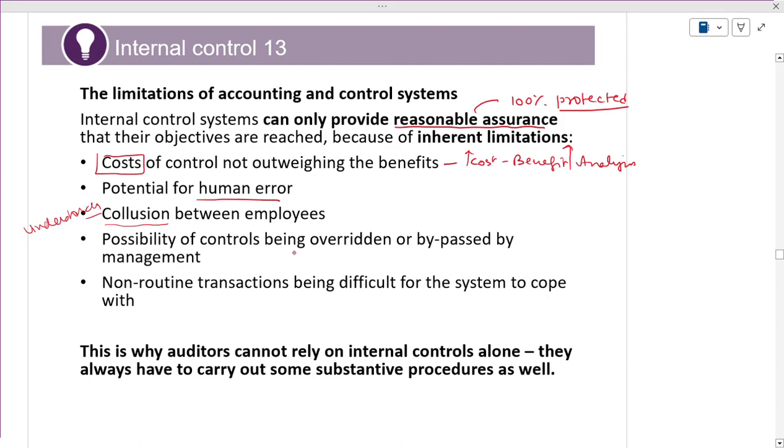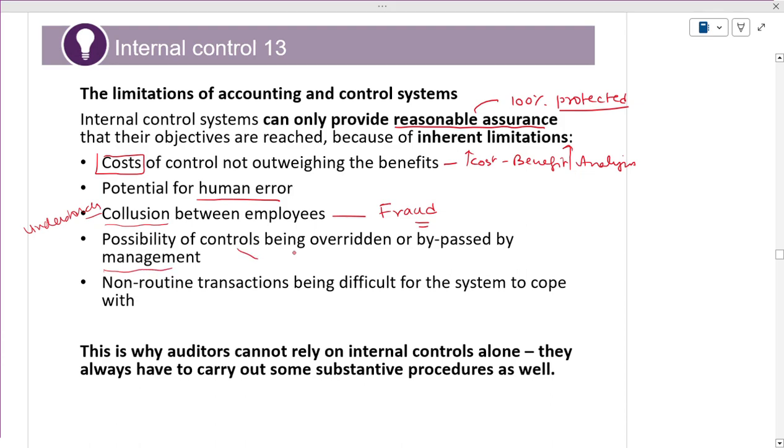If you say there is an understanding between the employees, it comes under the definition of fraud. It is not an error, it is a fraud.